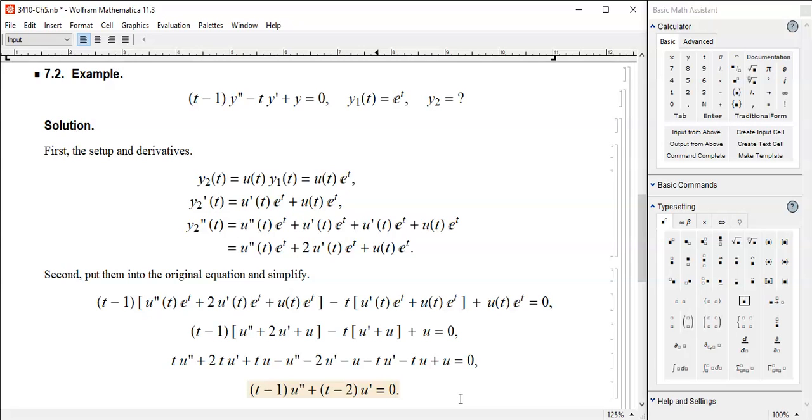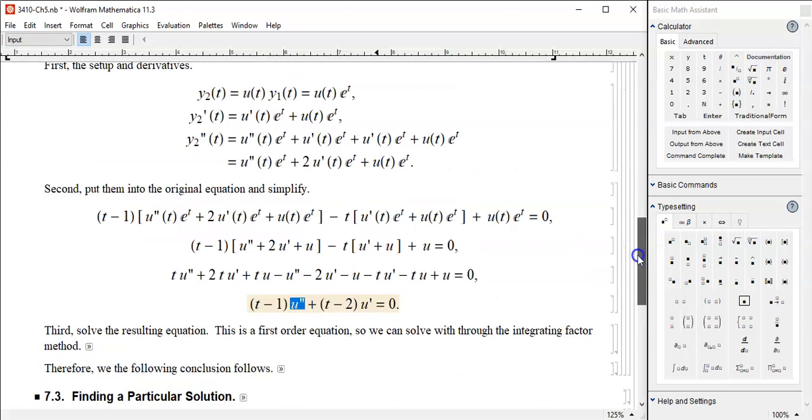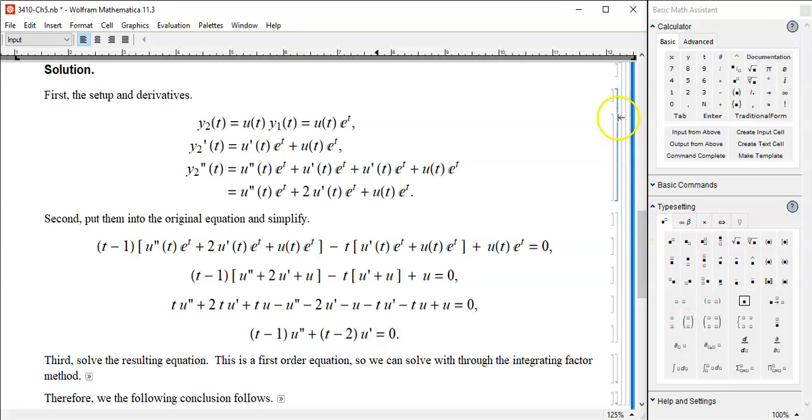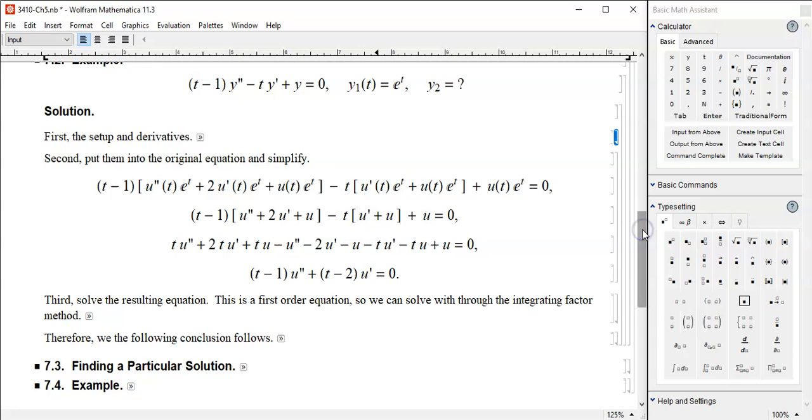This is not second order, this is first order: u double prime, u prime, but no u. So you can start from here treating u prime as the original function, and then this is its first derivative. Then you can work it out using the integrating factor method. I'm really tempted to stop here, but let's go on.